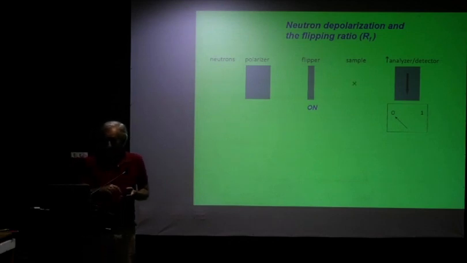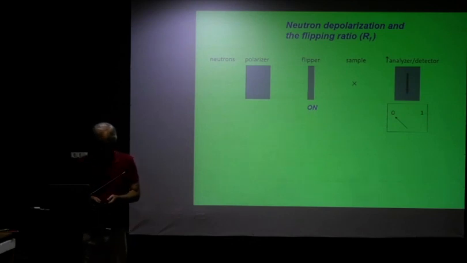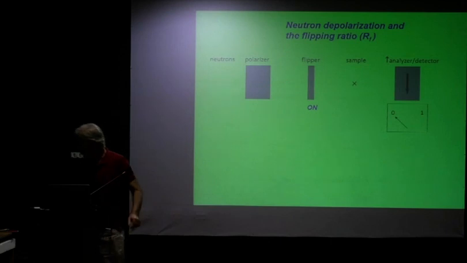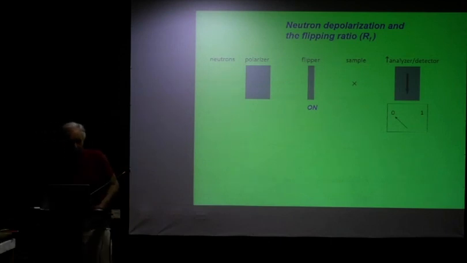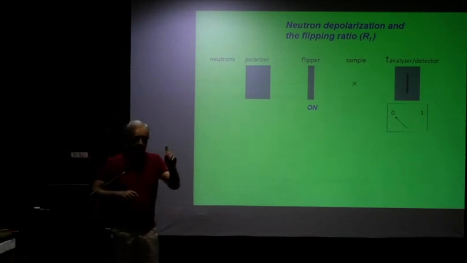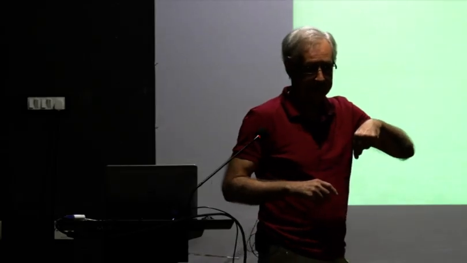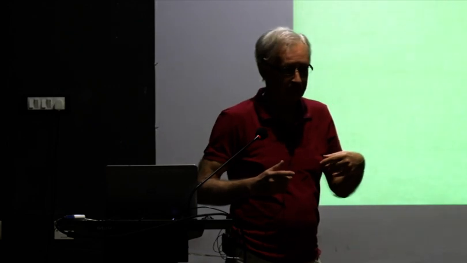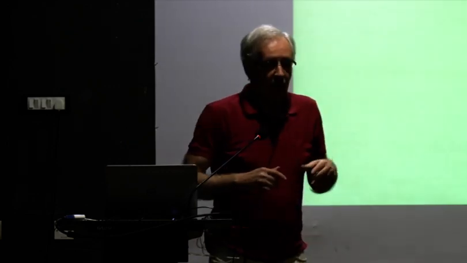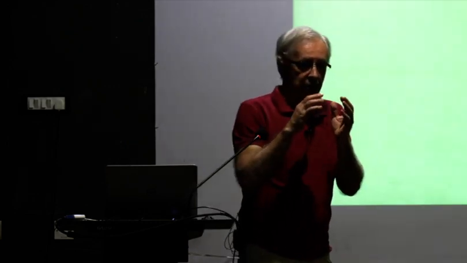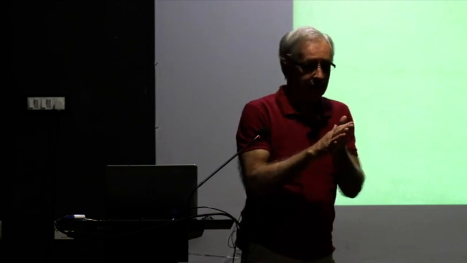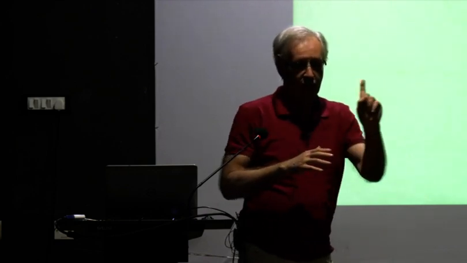So if you put a sample in there, your sample can do two things. It can allow the neutron to go through without changing its polarization direction, or it can flip it. If you have a paramagnet, your neutron will go through.